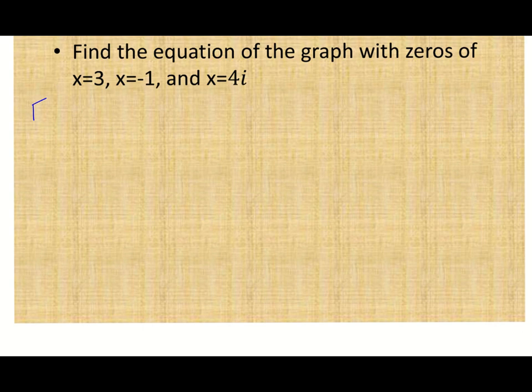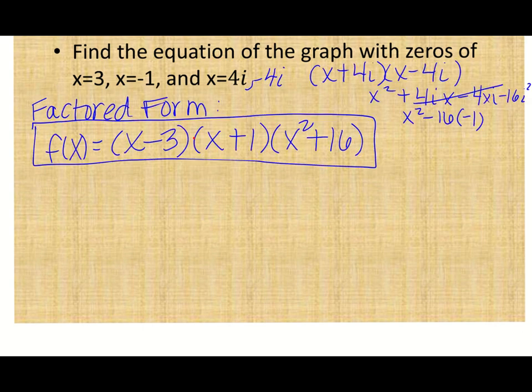And if I look, I have 1, 2, 3, 4 x's. So this is a quartic, 2 complex, 2 real. If I then want to go ahead and find standard form, I'm going to have to multiply this whole thing out.